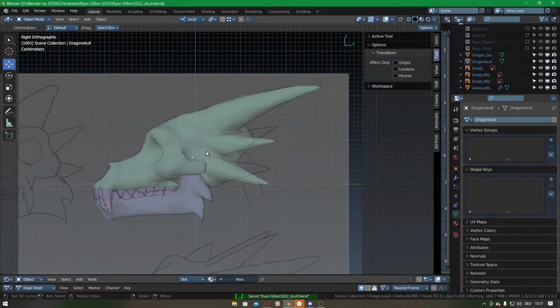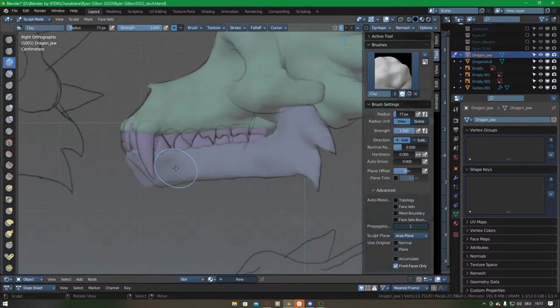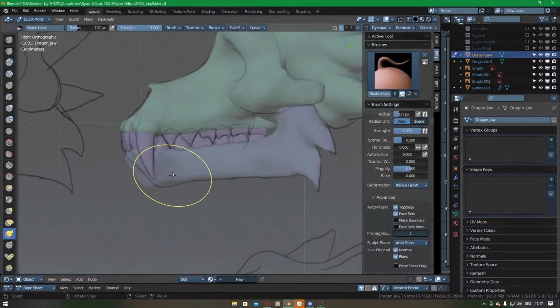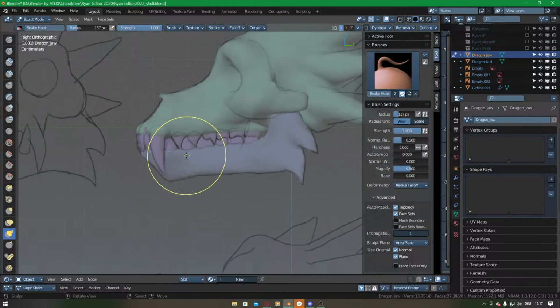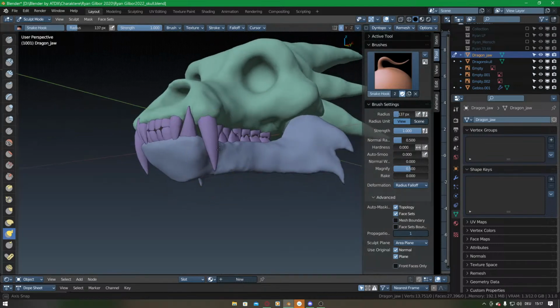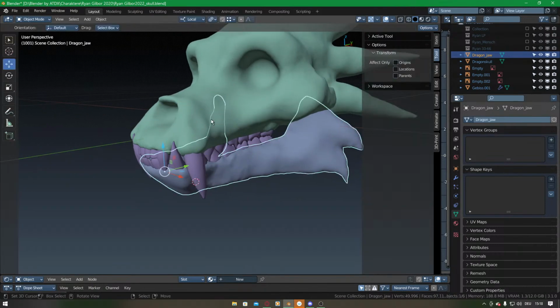For the fun of it, I could just, oh, what the hell? Let me just get the chin further back because that was not the correct angle. So that's more like it. Okay, right.